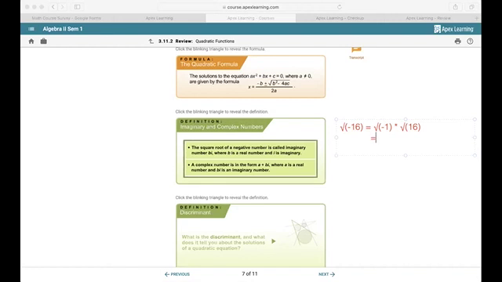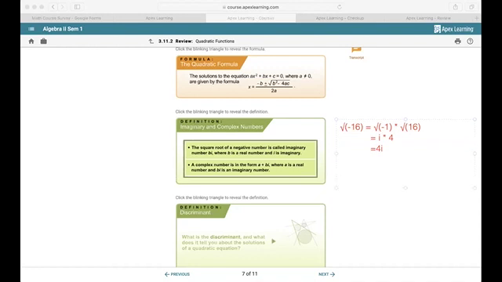The square root of negative 1 gives me this lowercase i. The square root of 16, we can do that. That's 4. So i times 4. And if you remember, when we write it, we get rid of the multiplication sign and we put that i last. So I have 4i. That is an imaginary number.